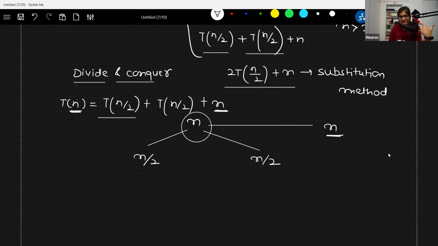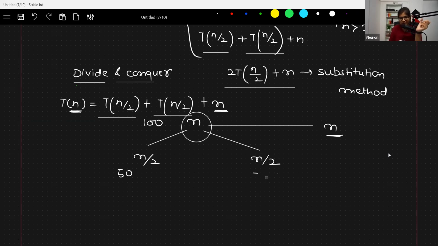Calling the same function again and solving it simultaneously. We divide our n data into two parts, one at the n by 2 side, another also n by 2. It means suppose you have 100 records, you split those records into 50 and 50.